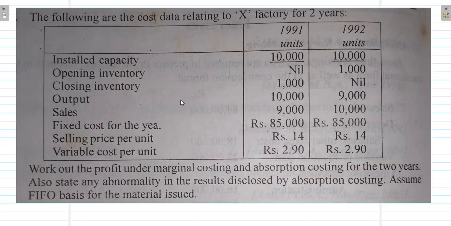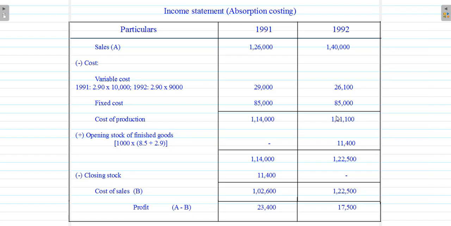Fixed cost is also given, 85,000 under each year. So put together, 1,14,000. Right now you don't deduct it from the sales. You will first determine the cost of sales and then you subtract it from the sales.